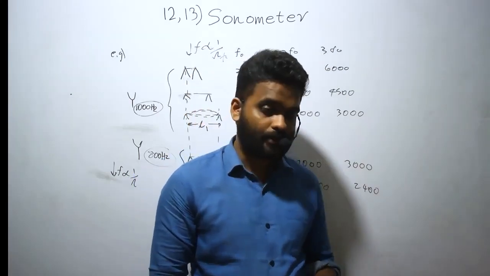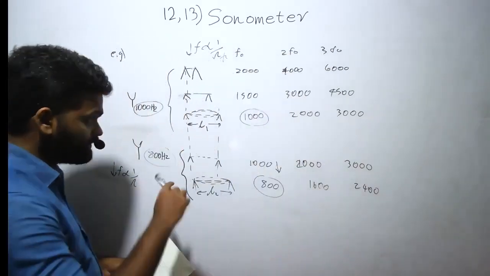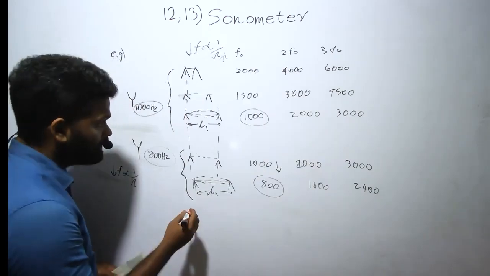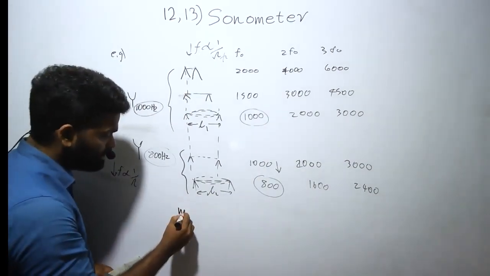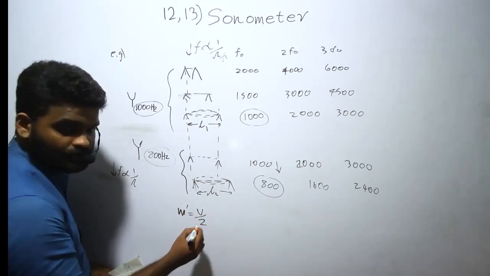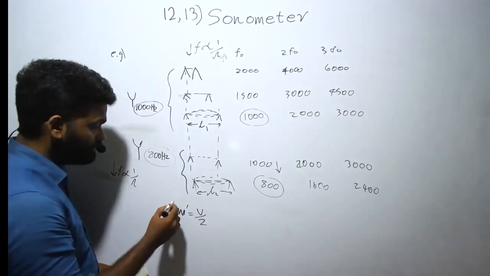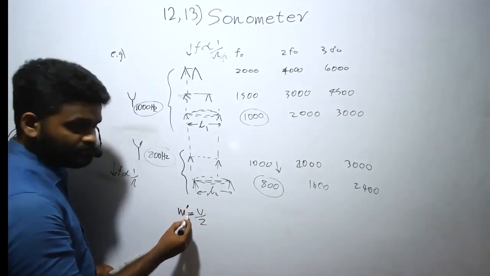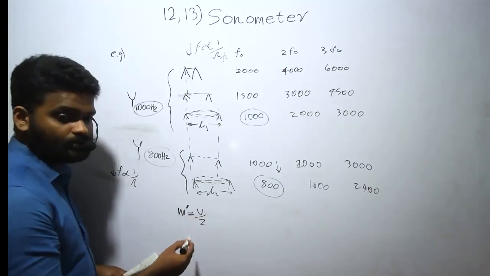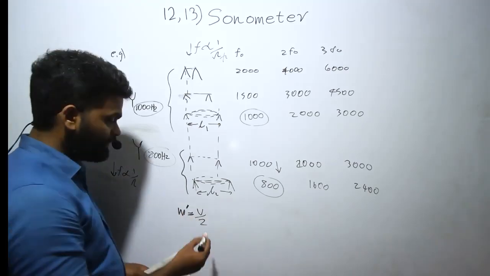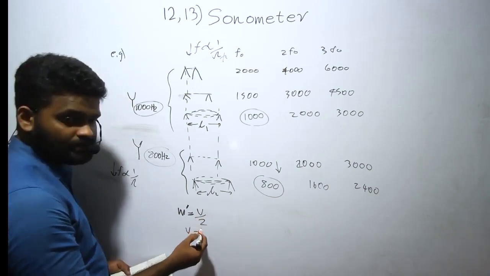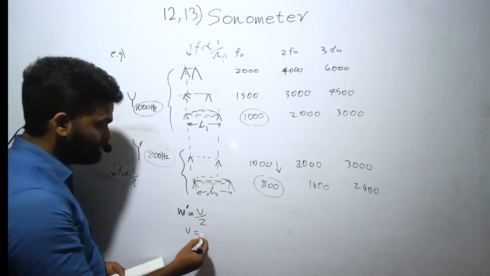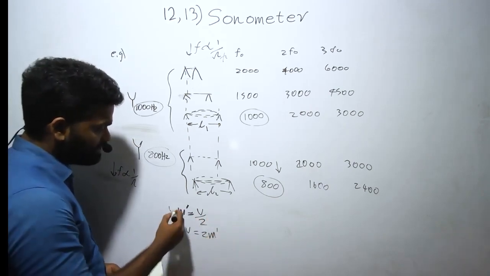Then the last point of this experiment. From the experiment, we saw that m dash is equal to v over 2. Remember? The gradient, m dash means gradient, is v over 2. And we drew the graph. So from this, you can find the velocity of the wave. So it is 2 m dash. The m dash value is known.